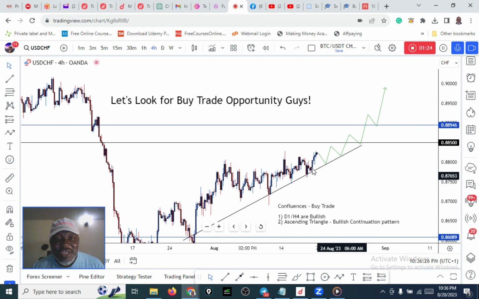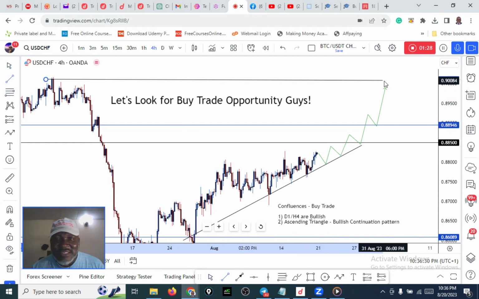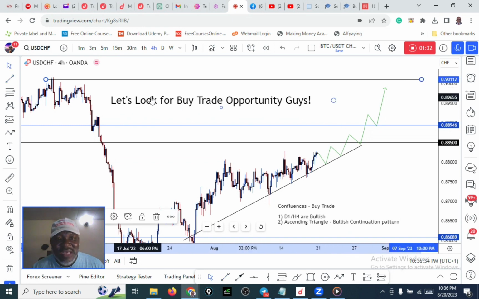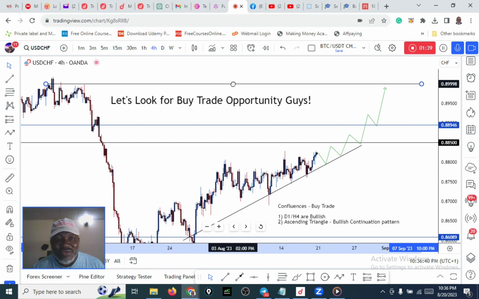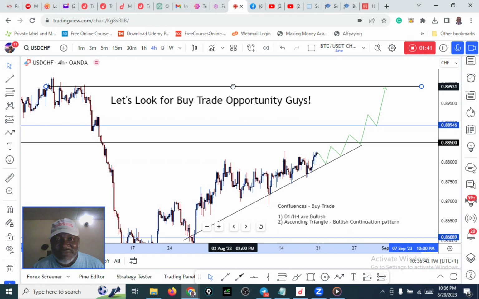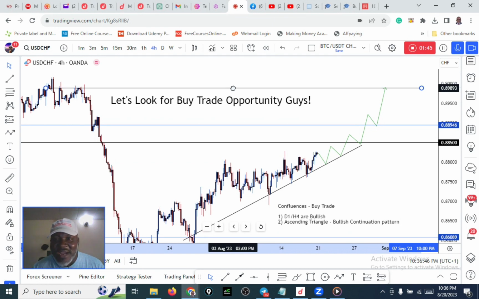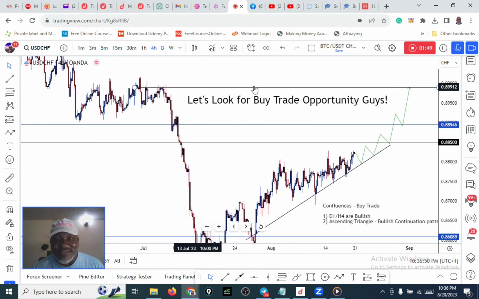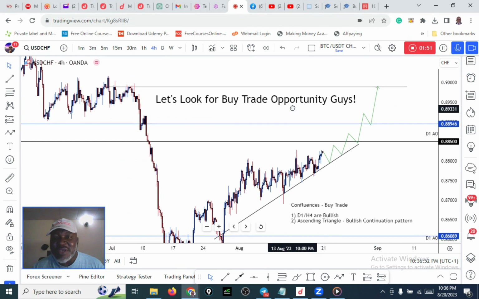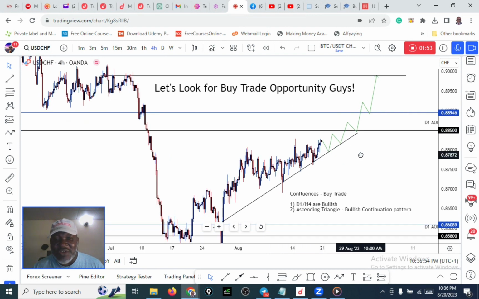Of course, if you look to the left hand side, you see that there's still ample price action at structure level that could happen. Look at what is happening here. I still expect that price could come to this level to test it, so don't be surprised that that could be our viable take profit level, because on the left hand side that is a structure level. So guys, that's all I have for you for this trade analysis.